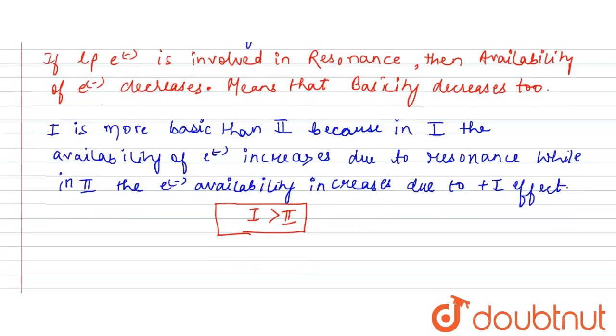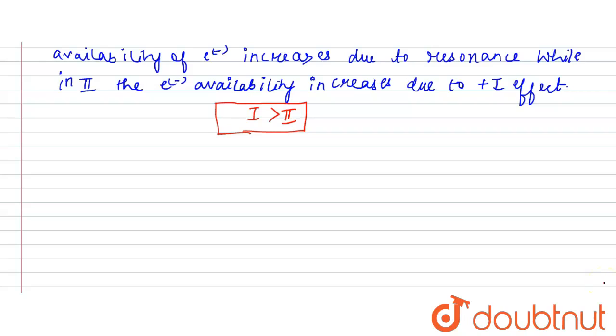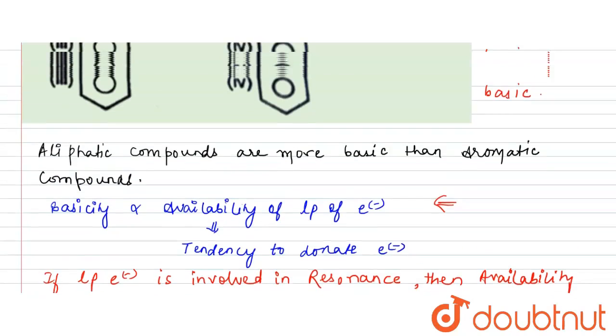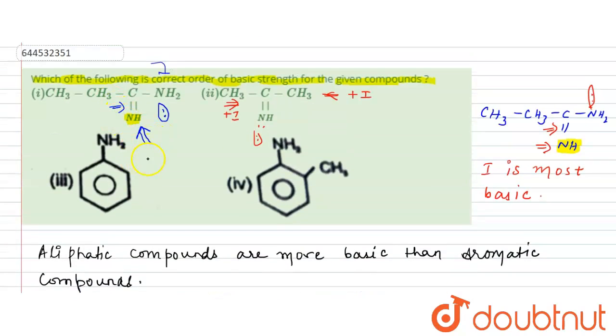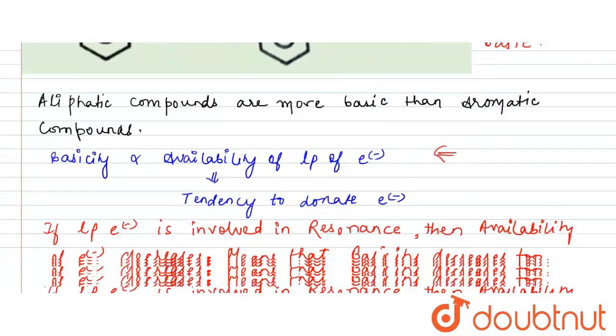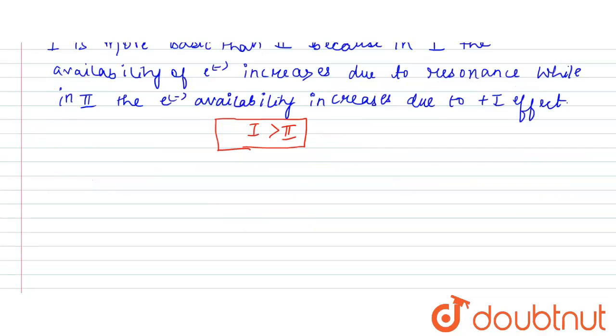Now let's see what is happening in the third and fourth parts. In the third part, the compound given to you is a phenyl ring with the NH2 group attached here. And here also you have the same thing, but at the ortho position a CH3 group is attached. So when it comes to the ortho position, let's study the ortho effect.